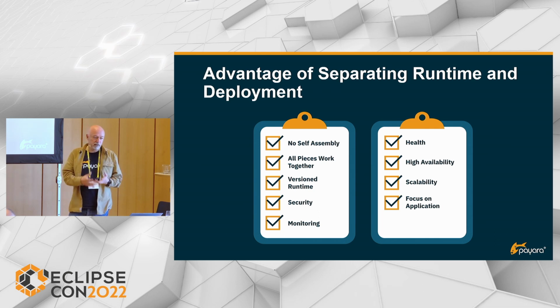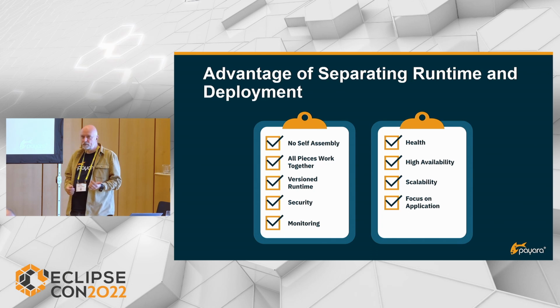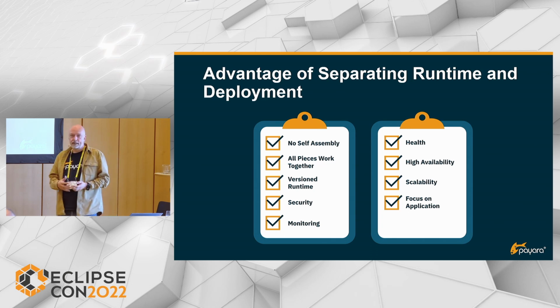So you take an application, you write business code, you put in your dependencies, and you package it up in a WAR file. What you don't need to do is then worry about all the other threading libraries, connection pools, and things like that to put together some sort of runtime for you. Now, people have done this quite a lot, especially if we in the past worked in early Spring and things like that. You would self-assemble a runtime. And there's no need to do that with Jakarta EE.